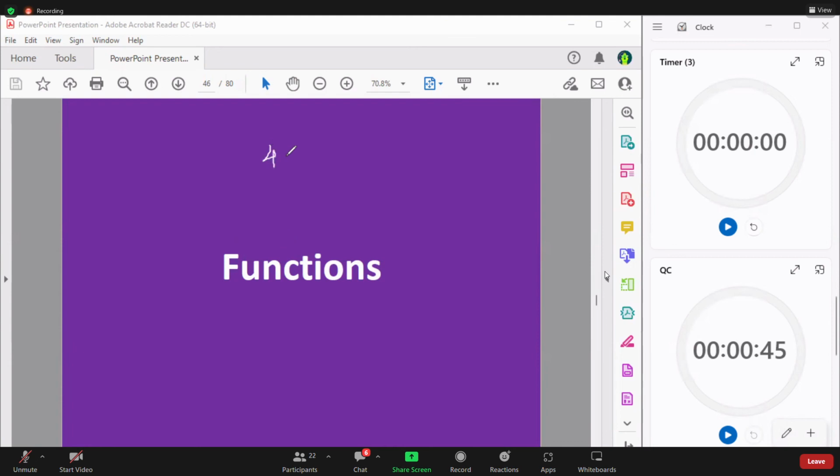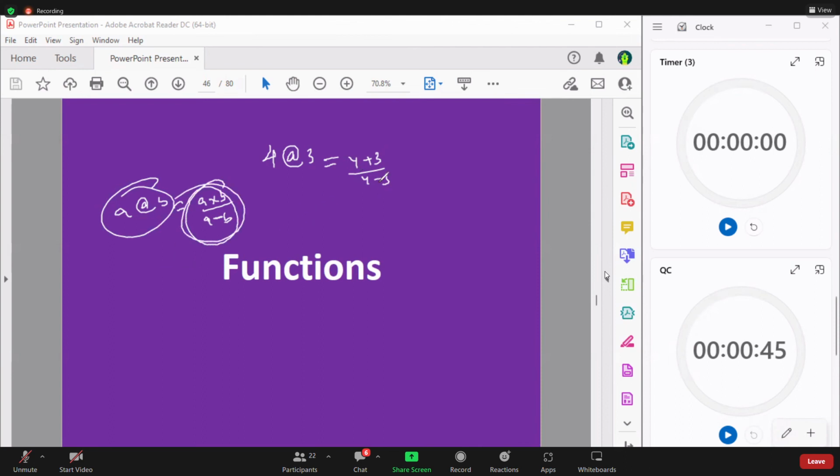Such as 4 at 3 is equal to 4 plus 3 over 4 minus 3. Basically, let's say you are given that a at b is equal to a times b over a minus b. So you might also be given questions like this. This is a function and you have to find out the value.